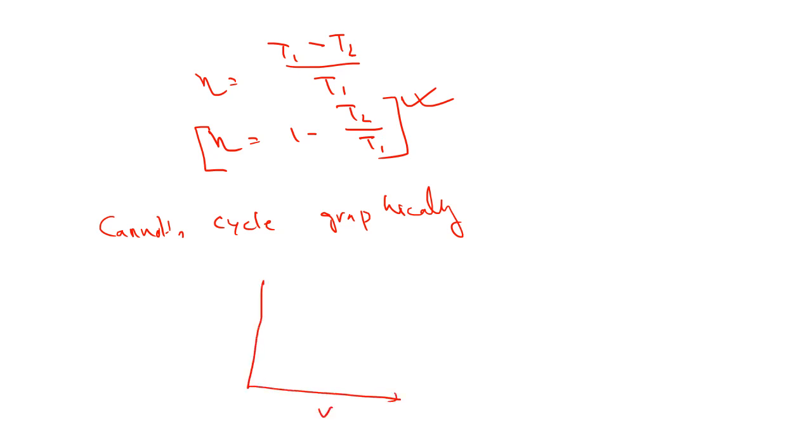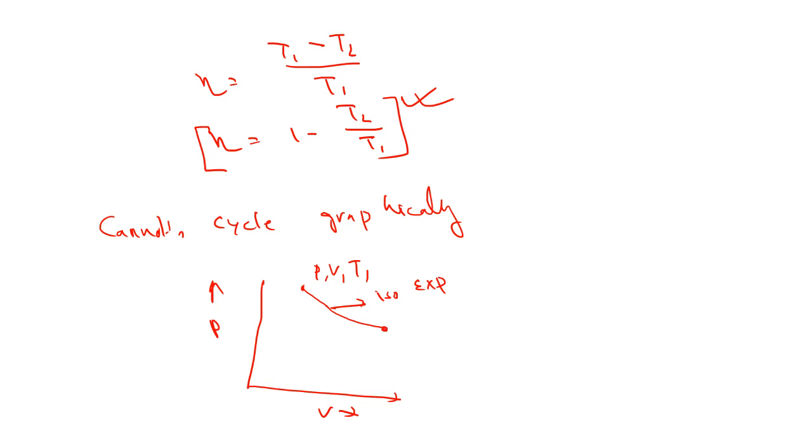Okay, so this is P, this is V. So this is my first process. I can write P1 V1 T1. So this is the isothermal process, I already said it is not that much sharp. This is isothermal expansion.